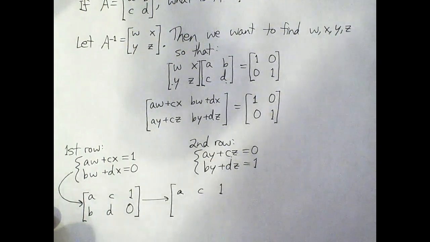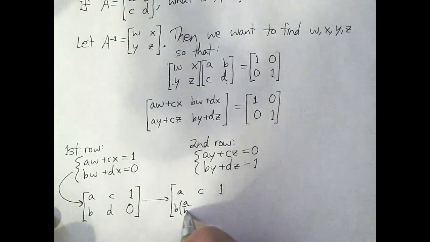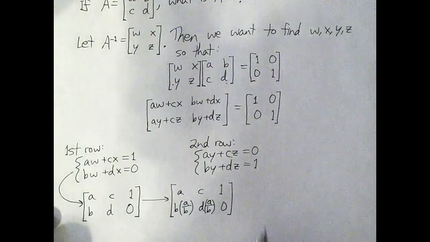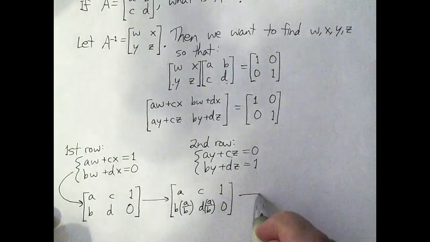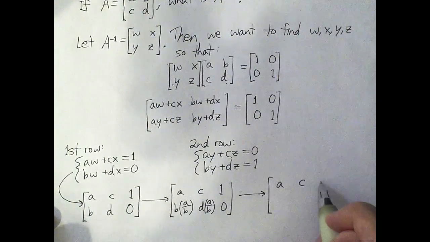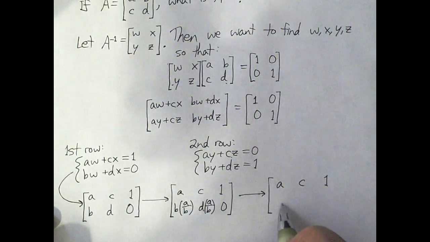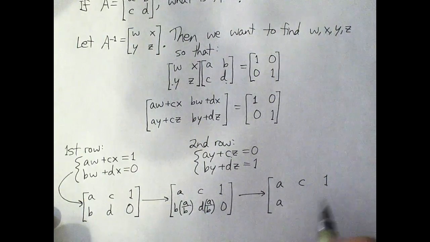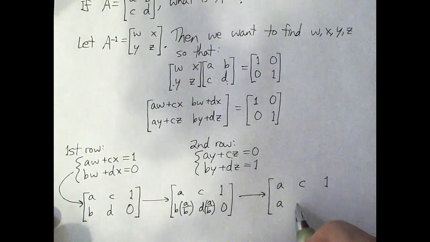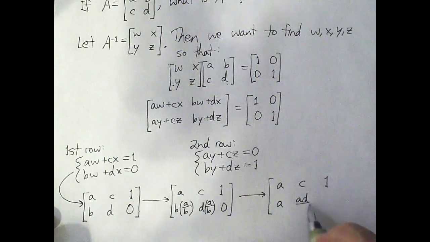I'm going to multiply row 2 by the constant A over B. Why am I multiplying by A over B? Because watch what this turns the matrix into. That makes this A, and maybe instead of writing D times the fraction, we write AD over B.